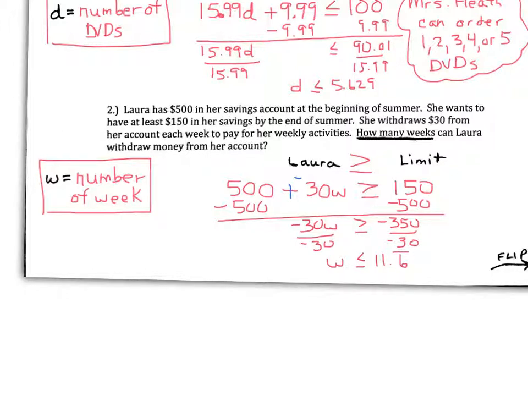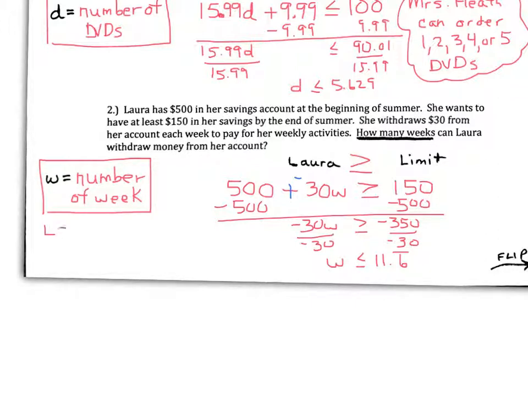Okay, so W stood for the number of weeks. So the number of weeks has to be less than 11.6. So she could take money out for the 1st, 2nd, 3rd, 4th, 5th, 6th, 7th, 8th, 9th, 10th, and 11th week. If she goes over 11 weeks, into the 12th week, she'll dip below her $150. So let's see here.